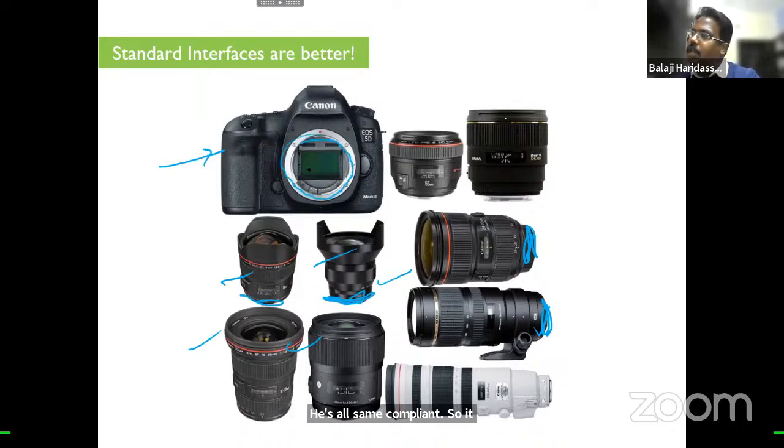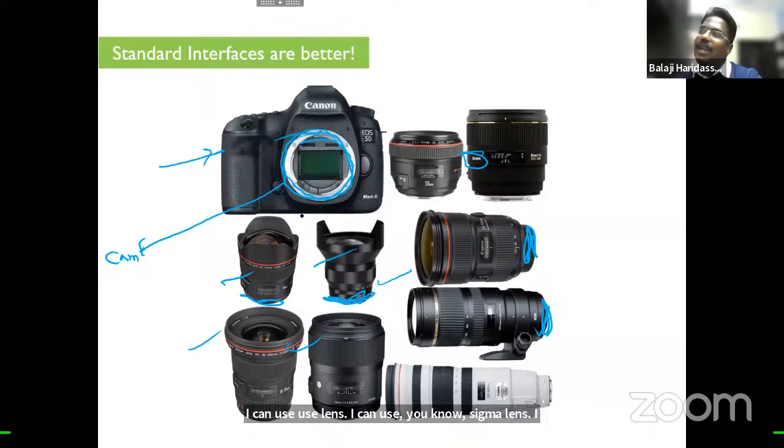So it is not necessary that I use only a Canon lens. I can use a Zeiss lens, a Sigma lens, or a Nikon lens, as long as it is compliant to this interface. That is why interface is so powerful in design, and everything in object-oriented programming is around interfaces. Is it clear what I'm saying?